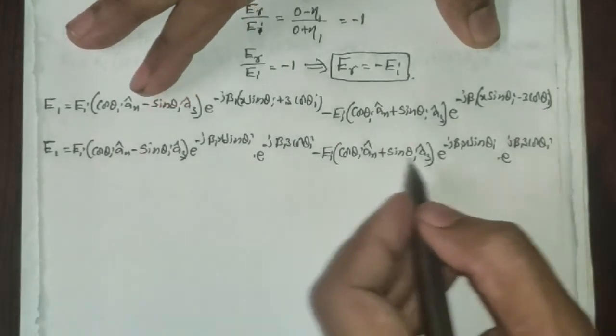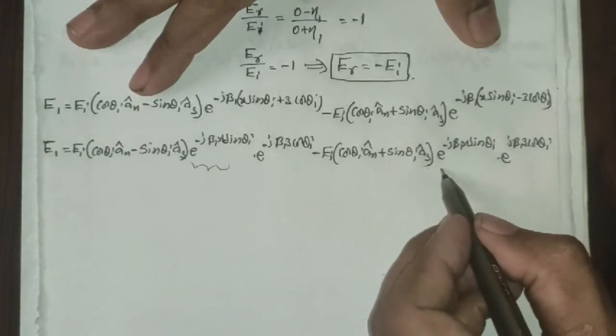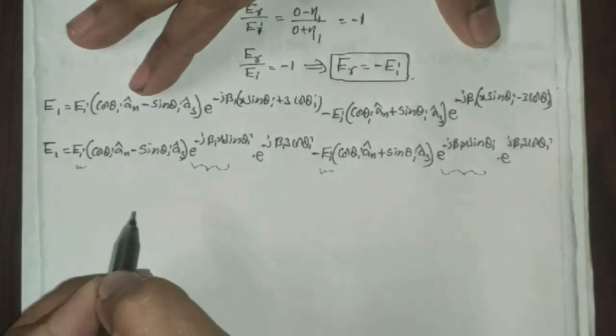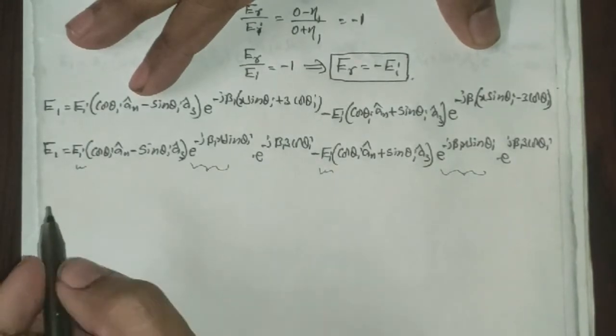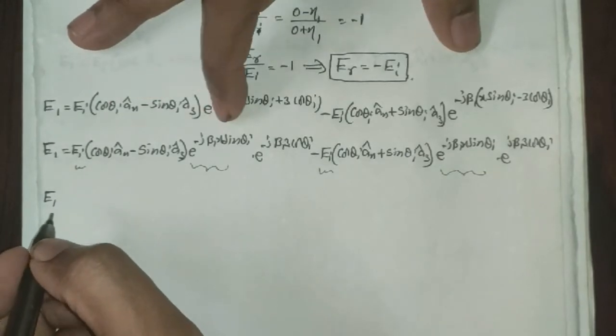Okay. So if you look at this entire equation, the terms e power of minus j beta 1x sin theta I, as well as EI, are similar in both parts. So you have to take them out of this entire equation.